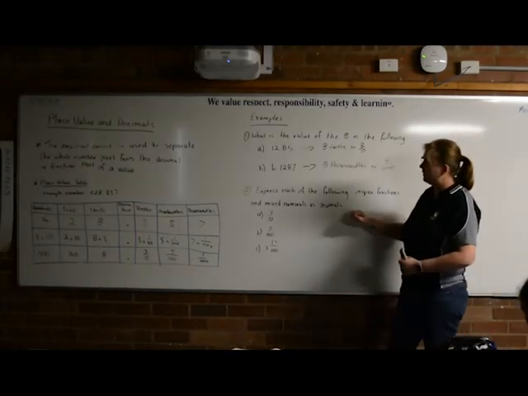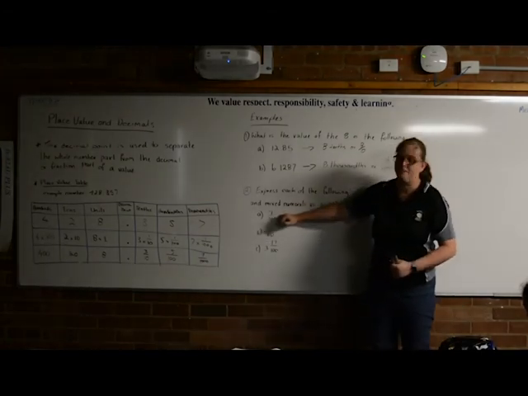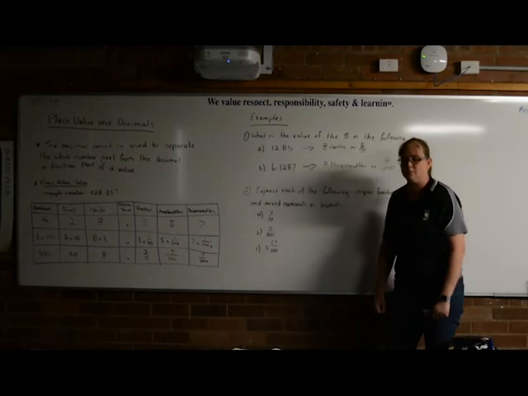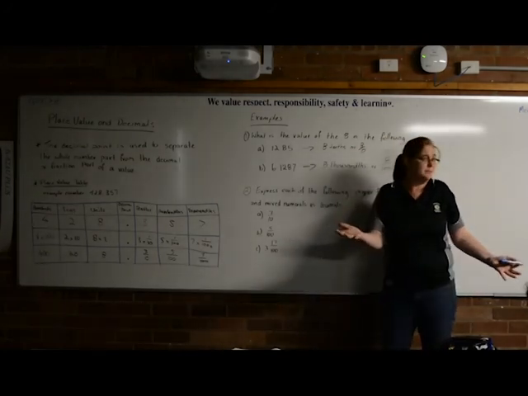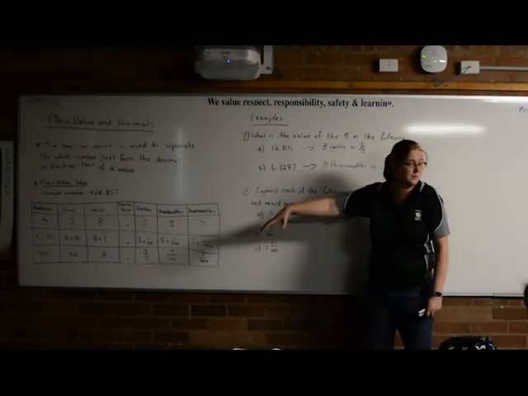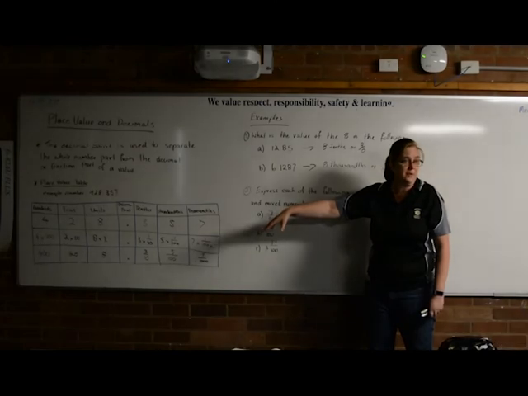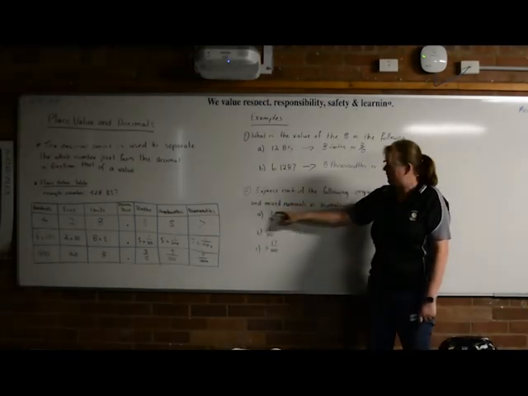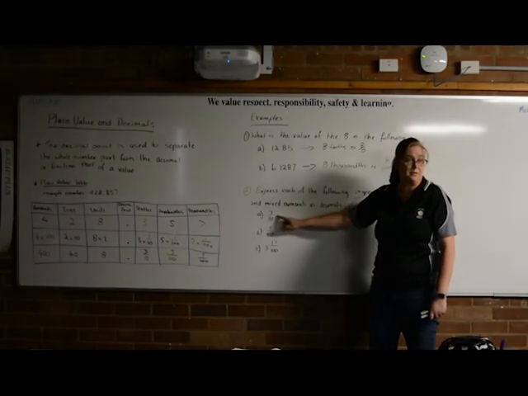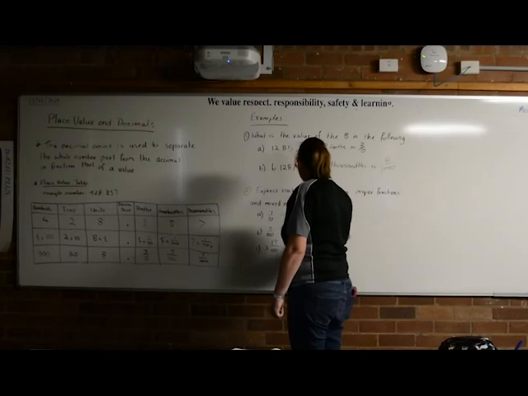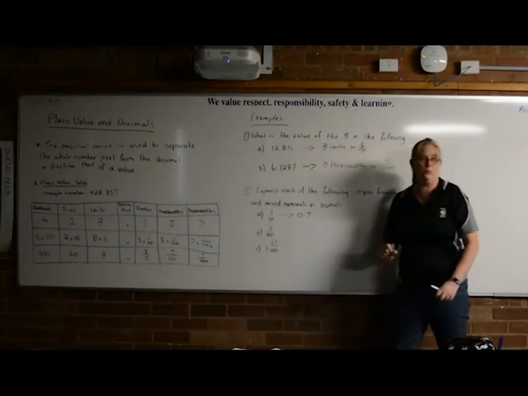What do you think we can do with this one, based on what we already know? 0.7. That's pretty easy, hey guys? We know that it's 7 tenths. There's no whole number in front of it, so we're going to have 0 whole numbers. So it'll be just 0.7.